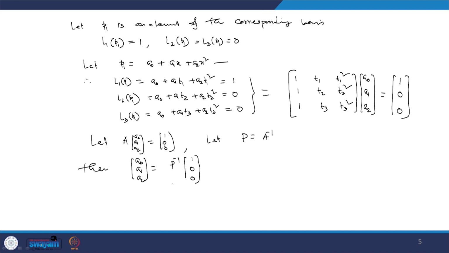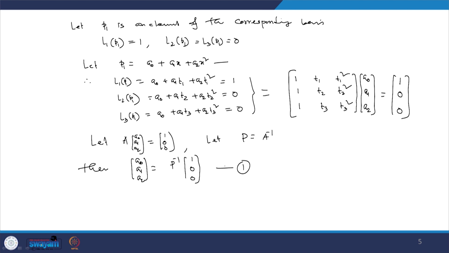So, we have to find the inverse of this matrix. Once A0, A1, A2 is known from equation 1, I will be able to find the corresponding polynomial. So, P1 will be known to me please.